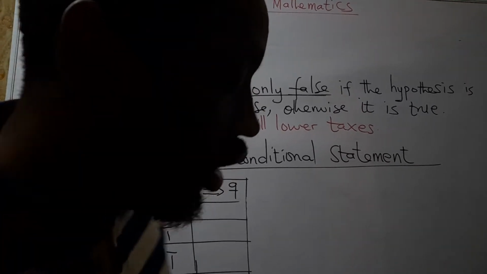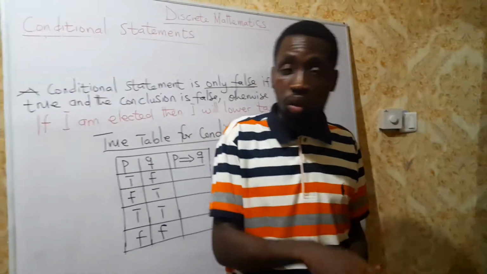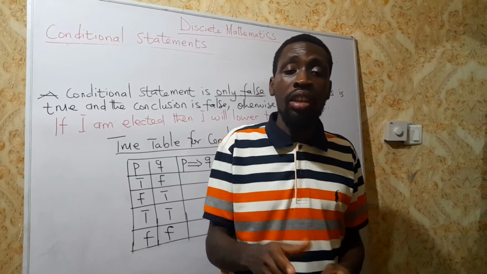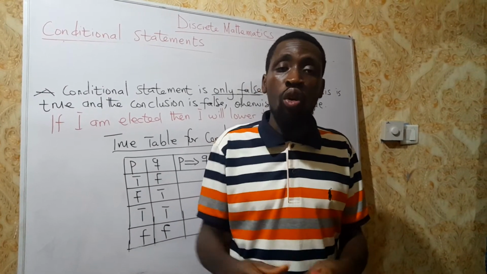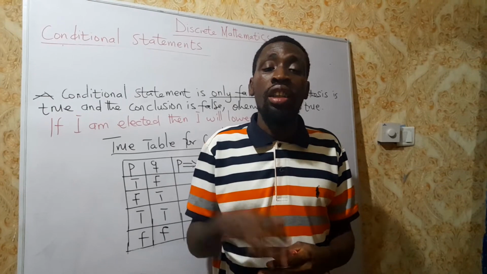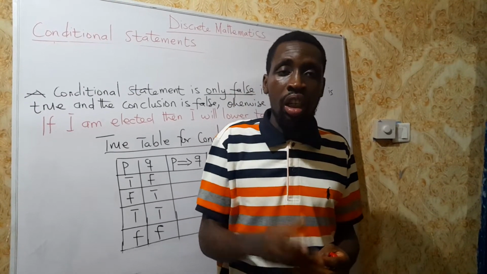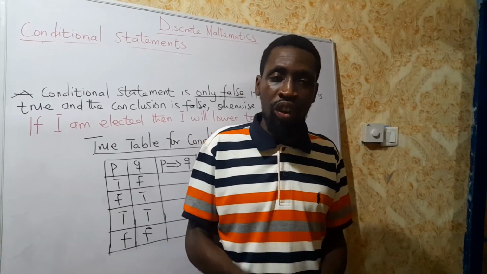So this simply means that when the hypothesis is true and the conclusion is false, then the statement is false. The hypothesis can be true and the conclusion can be true, it will be true. Both can be false, it is true. Then the hypothesis can be false and the conclusion true, it is still true. I hope you get that.